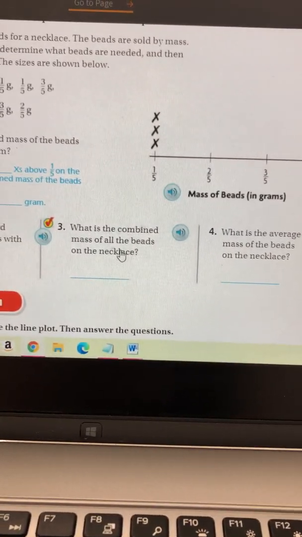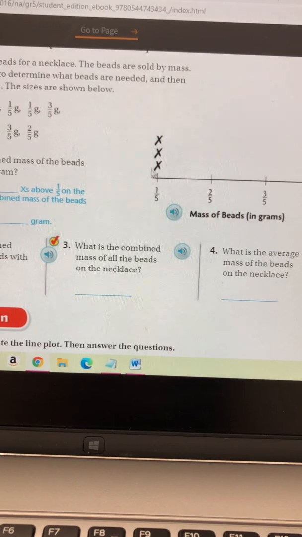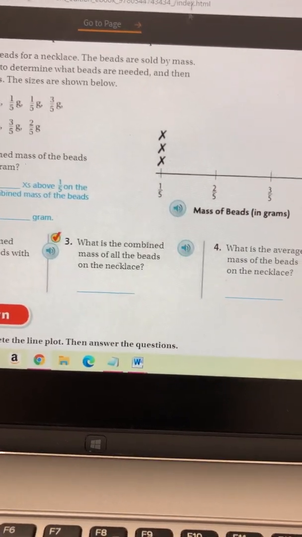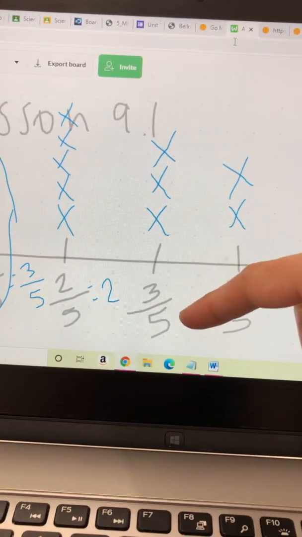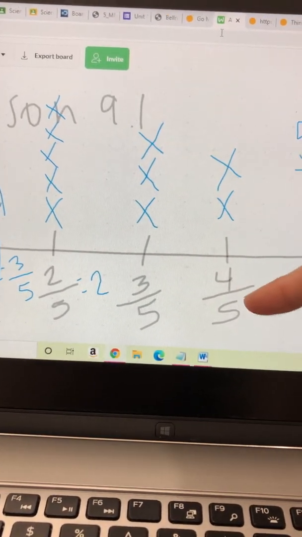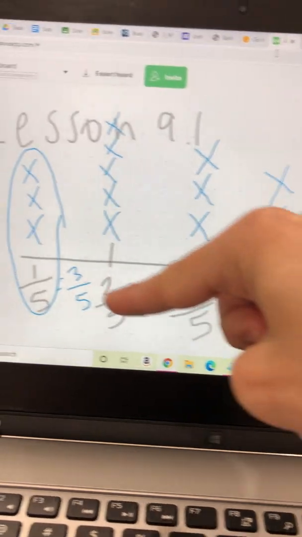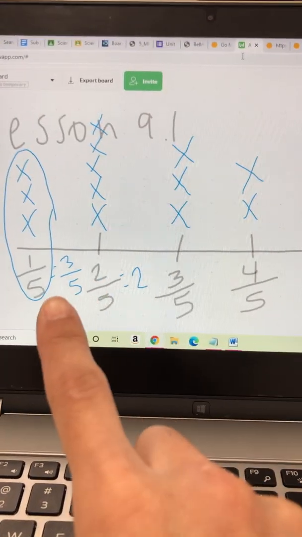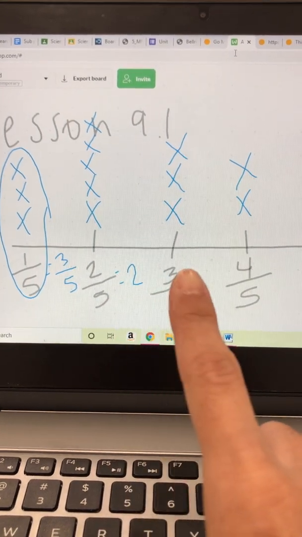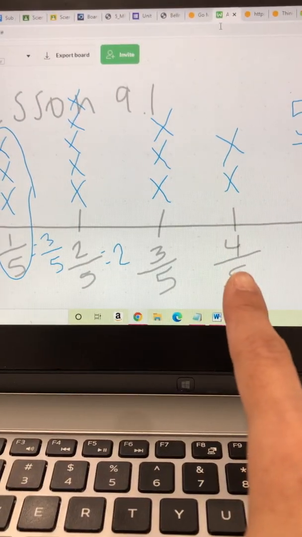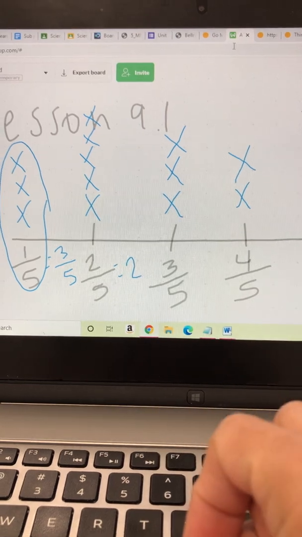Number 3 wants all of them put together. So that means we're gonna have to do some more work. We're gonna have to find out the total for each one, because they want all of them. I already have it for this one and this one. I just need the total mass for 3/5 and 4/5 and then add up all of those numbers, right?